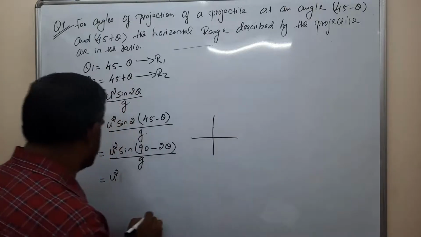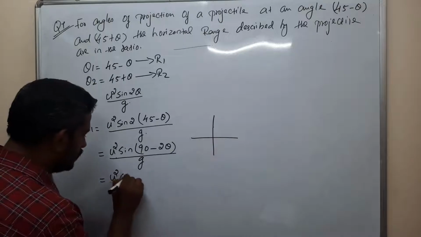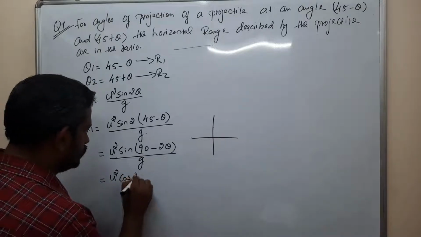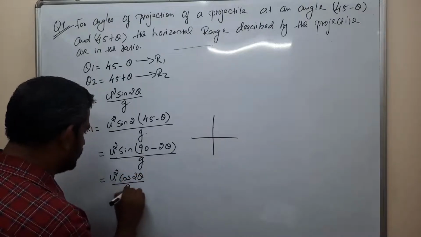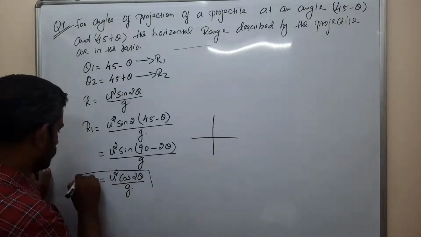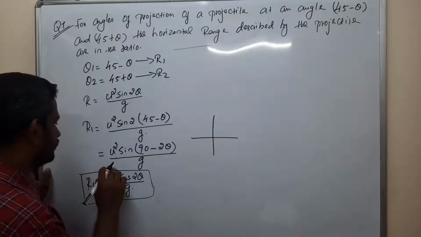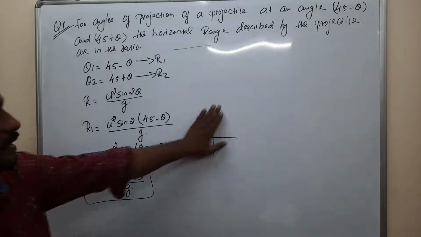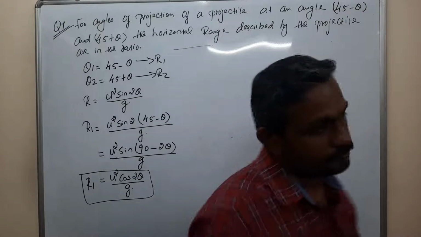So u square cos 2 theta divided by g. So this is R1. Next we have to find R2.